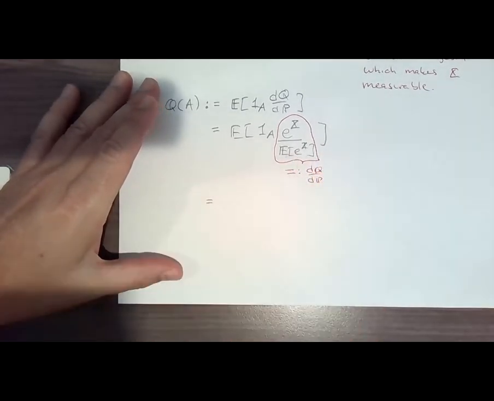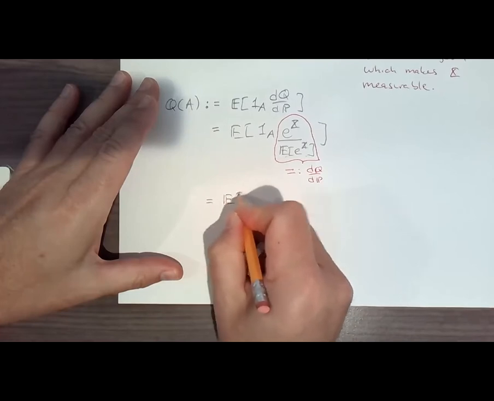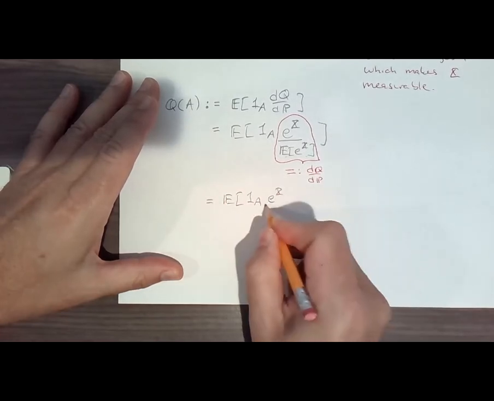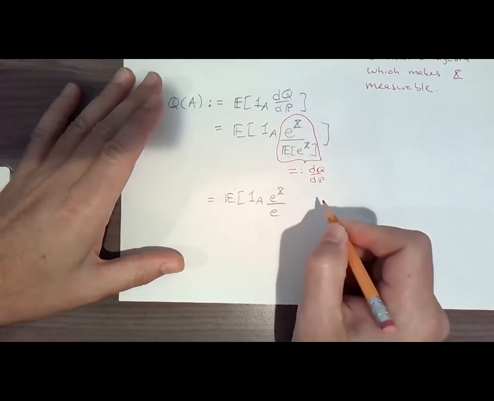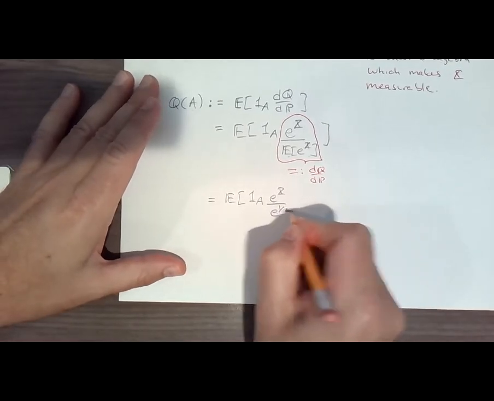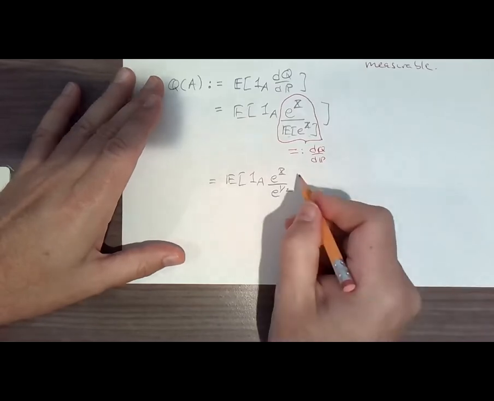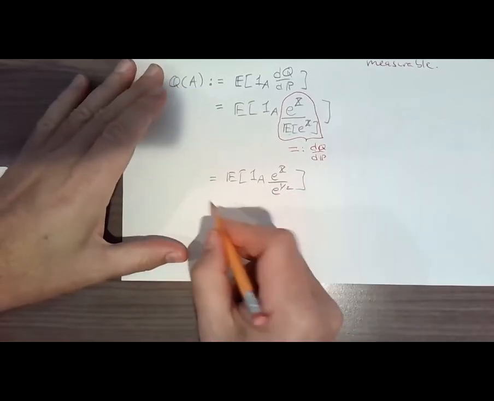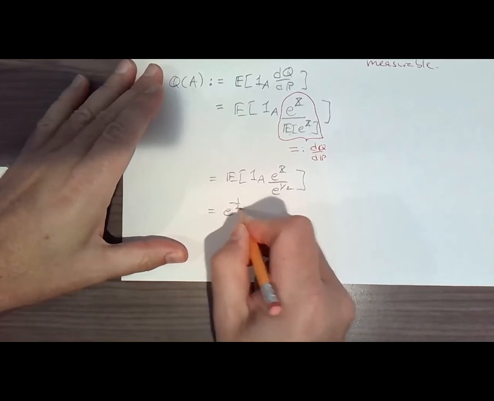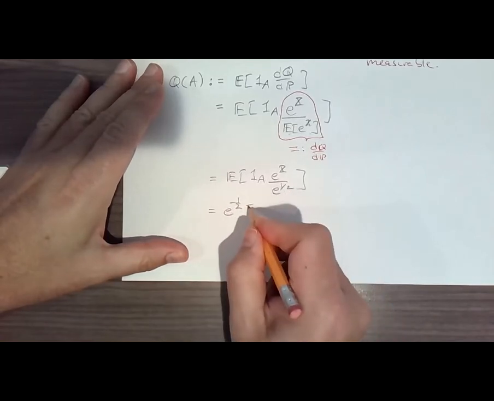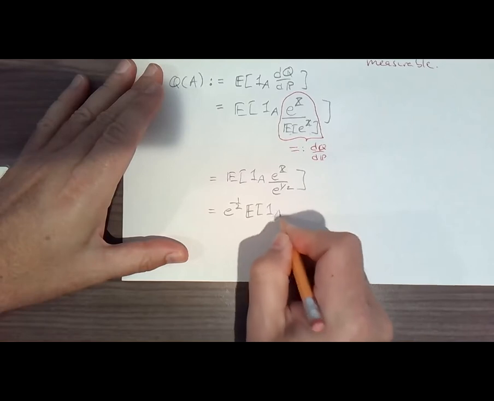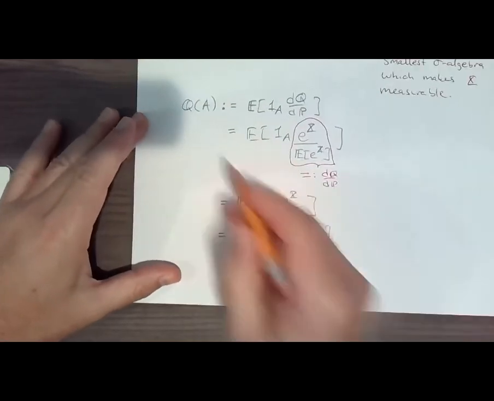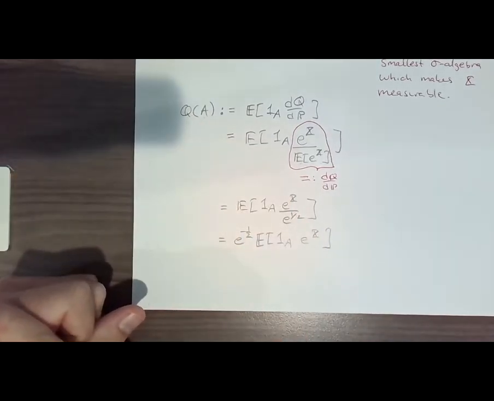We can write this as e to the 1/2, and this is a constant, so we can even put it outside here. So this is how I'm going to define my Q.